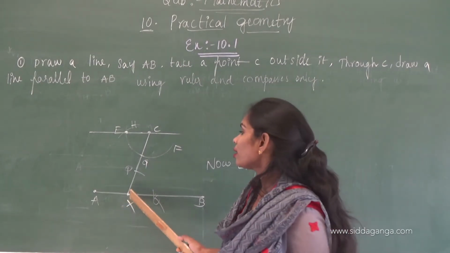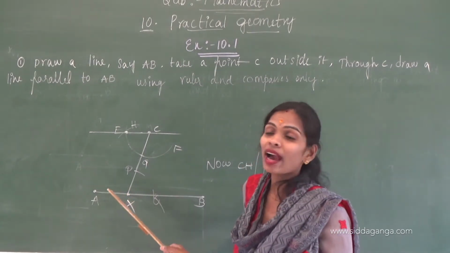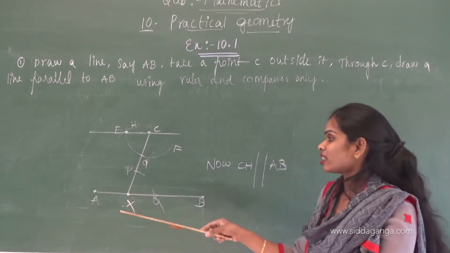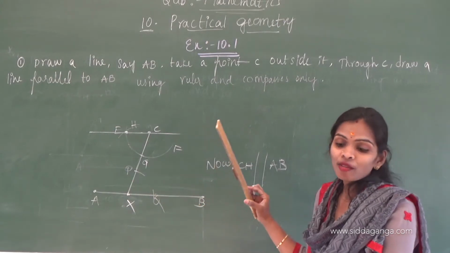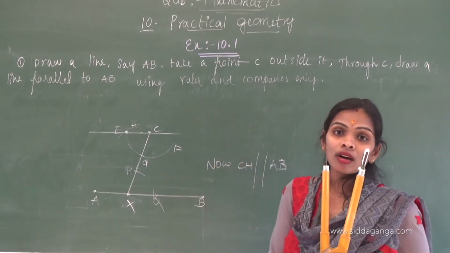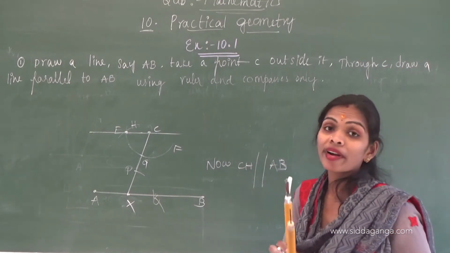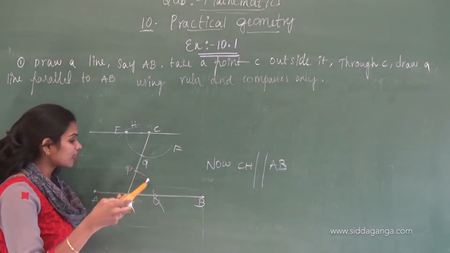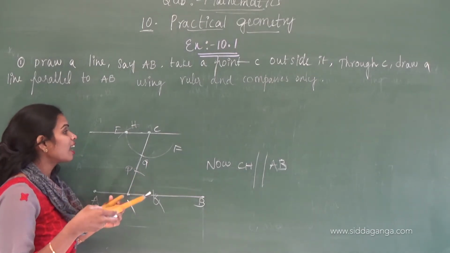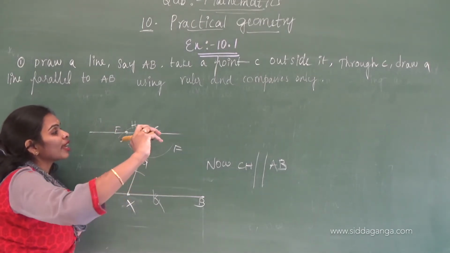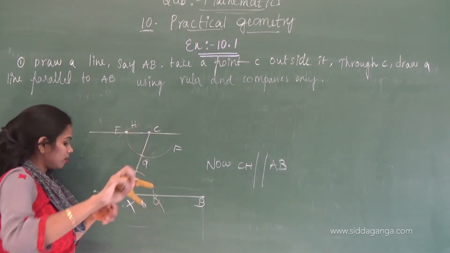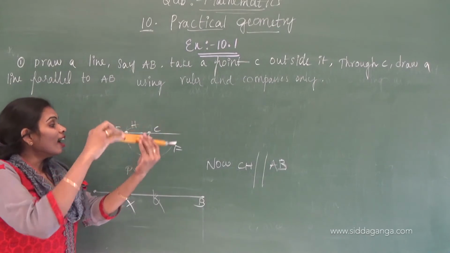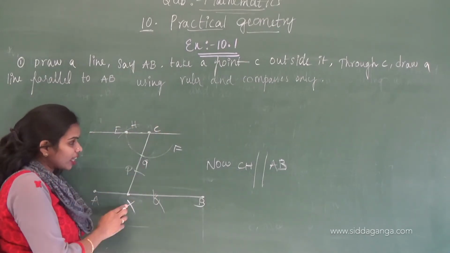Through that point on AB, and a point C outside AB, I am taking one small radius, cutting AB and XC, and with the same radius I am drawing an arc EF which will cut XC at G on XC.